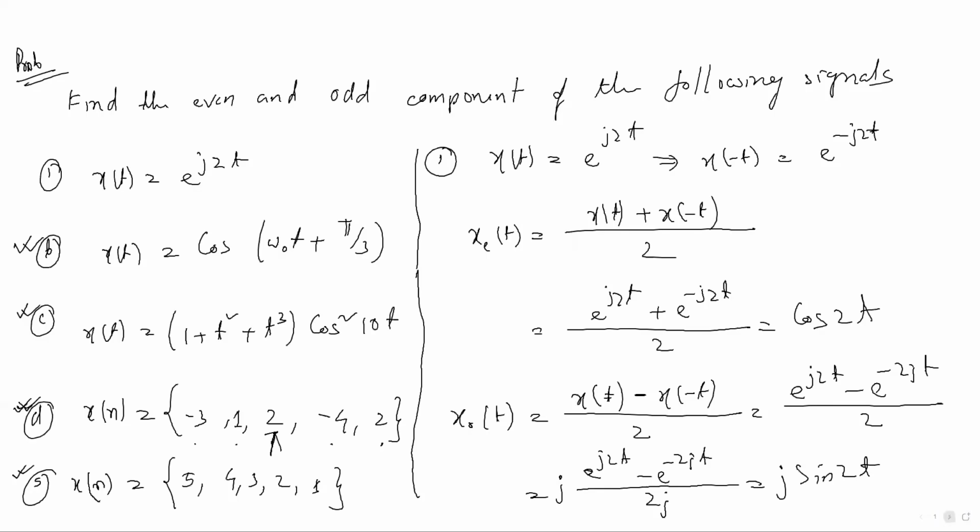Take the sixth problem as a graph. Find the even and odd part of the signal. What is the signal? What type of signal is this? It is u of t.